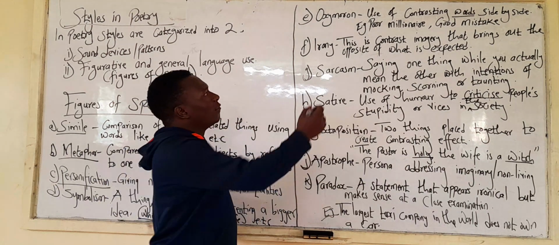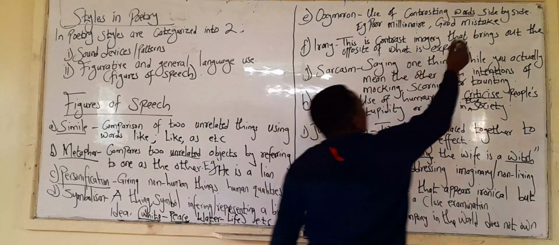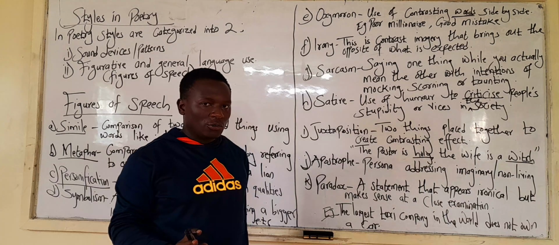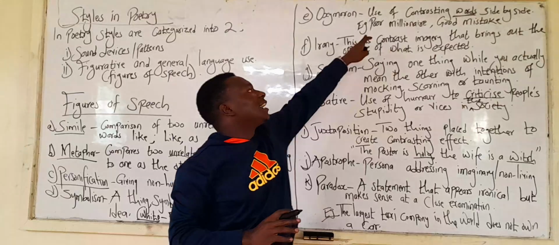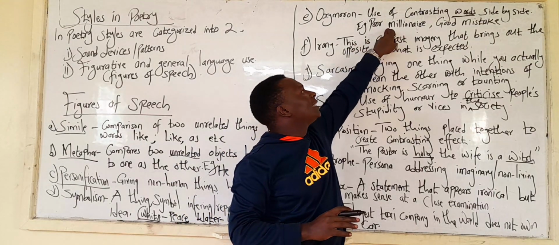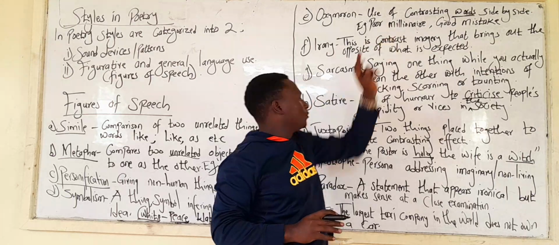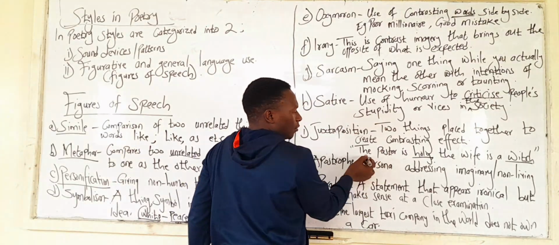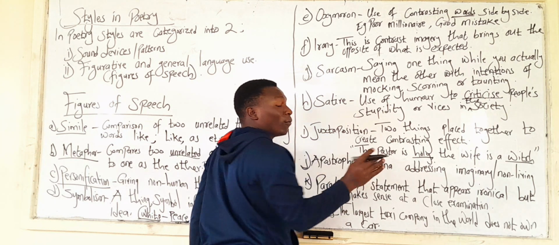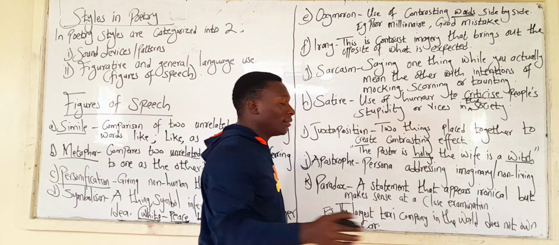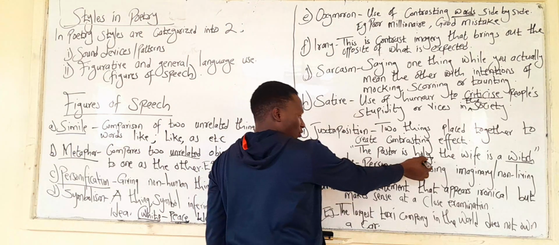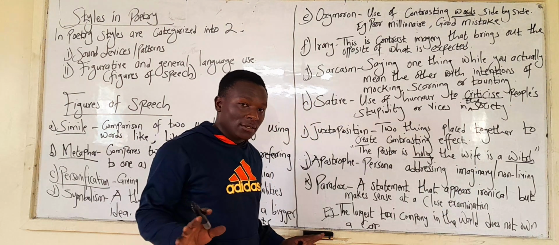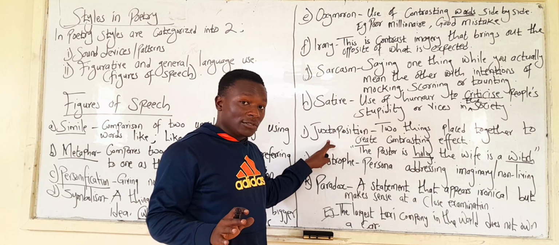For oxymoron, it's about words, and those words have to be close friends, side by side. For juxtaposition, the words are not side by side, because you can say the pastor is holy, the wife is a witch, just for contrast.